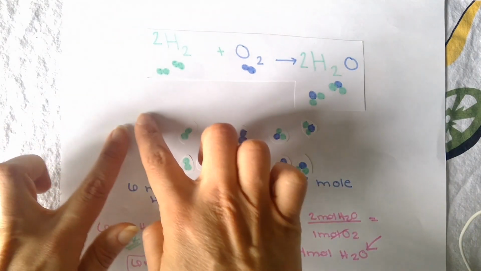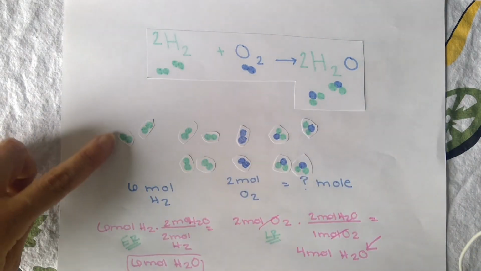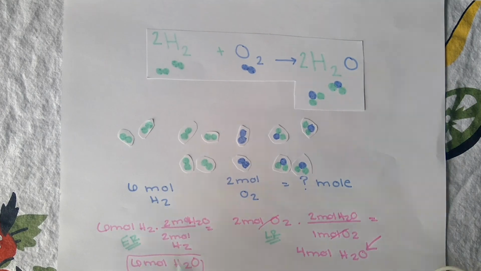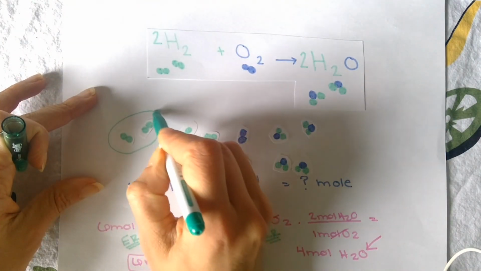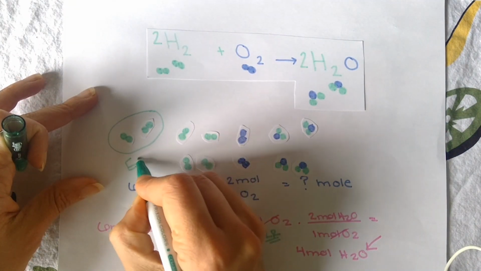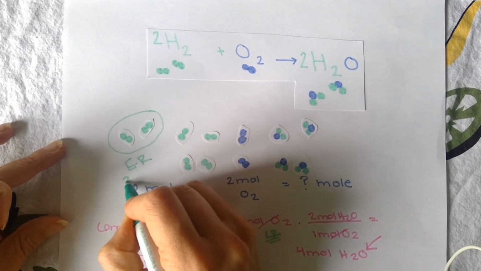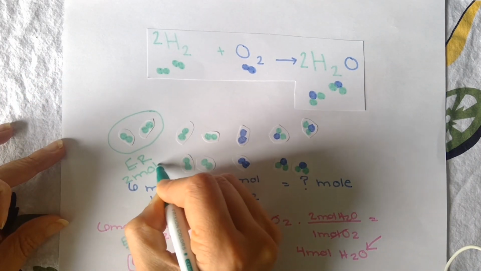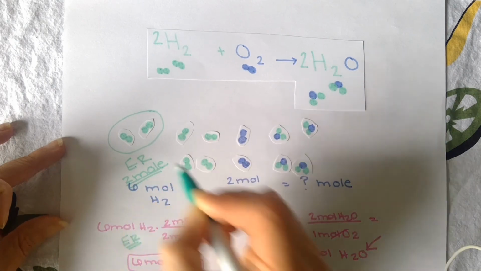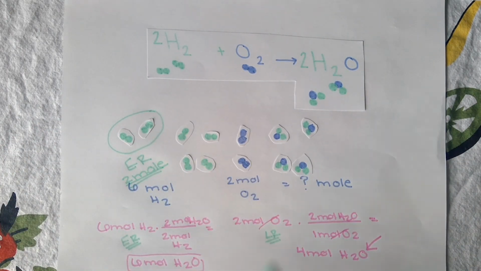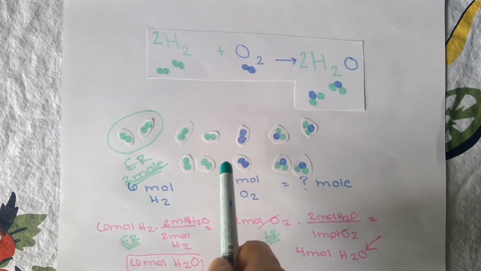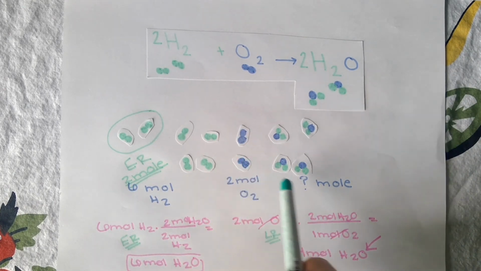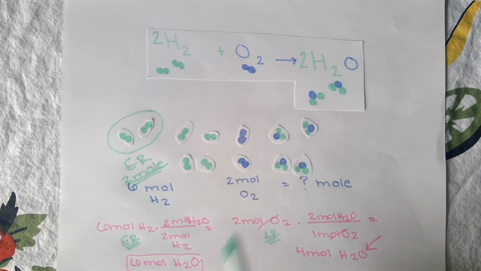Well, how much do I have left over? Here's my excess, ER. I'm going to have 2 moles left over. I'm going to consume 4 moles of hydrogen, 2 moles of oxygen, and I'm going to be able to produce 4 moles of water.